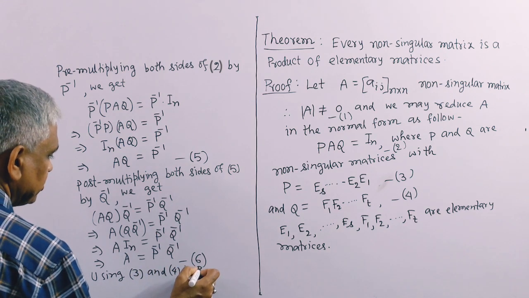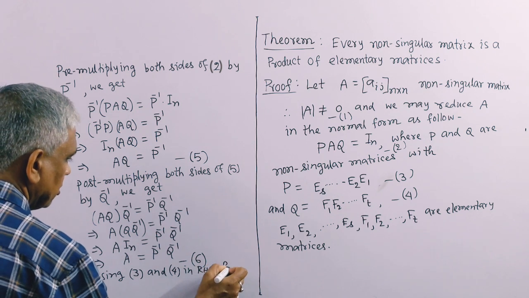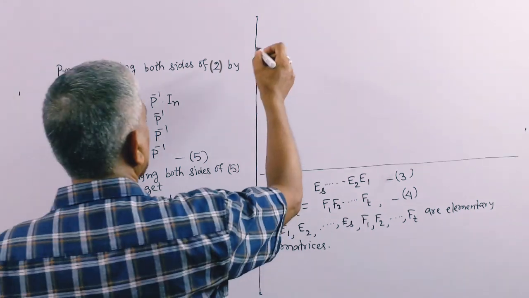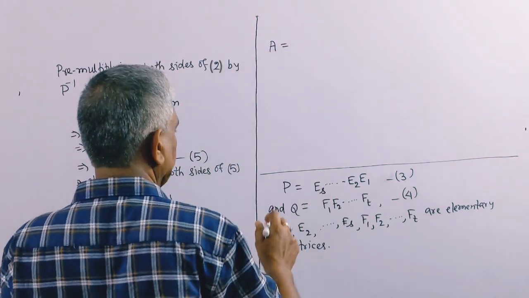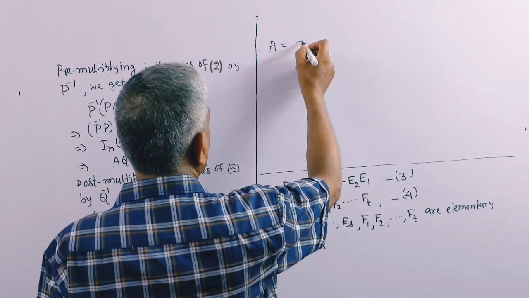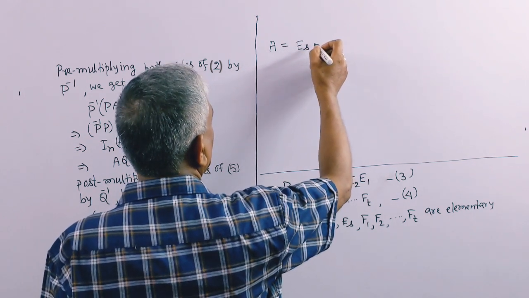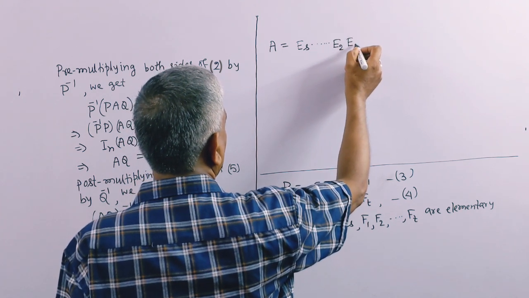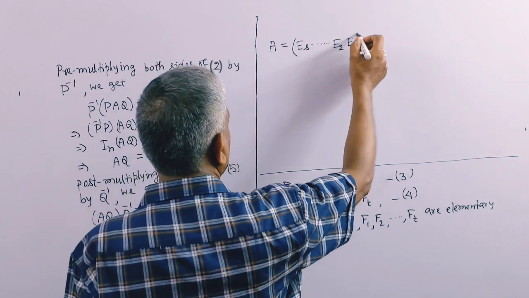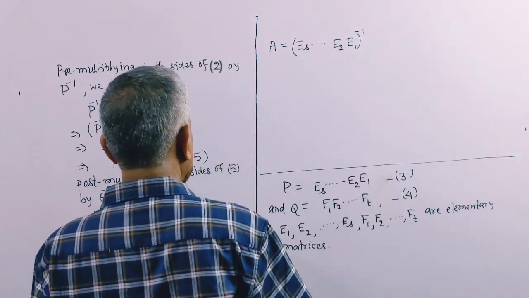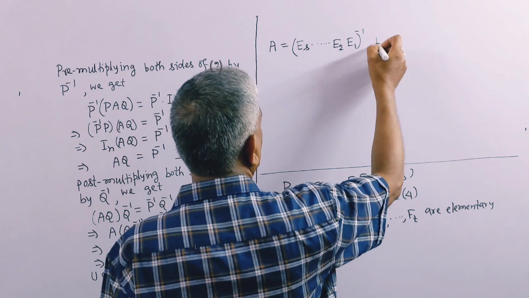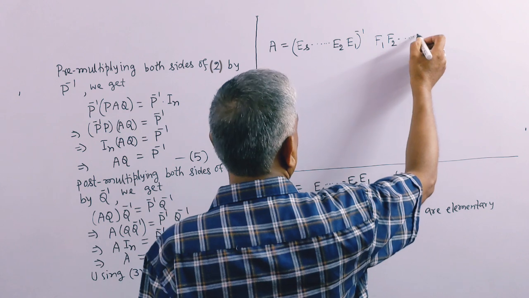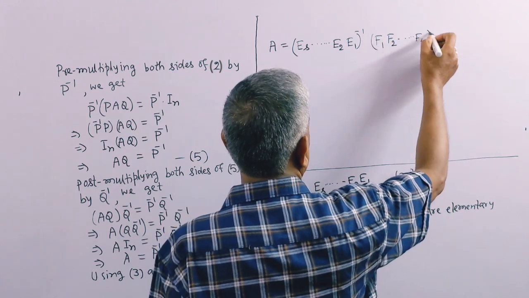In the right side of 6 we get A equal to P inverse, which is ES multiplied by dot dot dot E2 multiplied by E1 whole inverse, and Q inverse equal to F1 F2 dot dot dot Ft whole inverse.